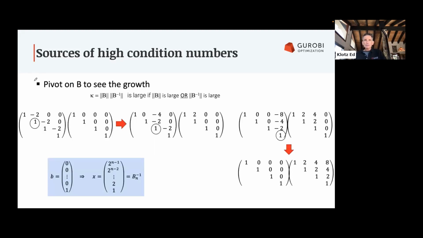Okay, so let's just compute the inverse of the basis of one of these matrices. I'll illustrate with a 4x4 example, but I think the pattern should emerge already as to why this inverse is ill-conditioned. So we go through the standard inverse calculation. We append an identity matrix, and we start pivoting.